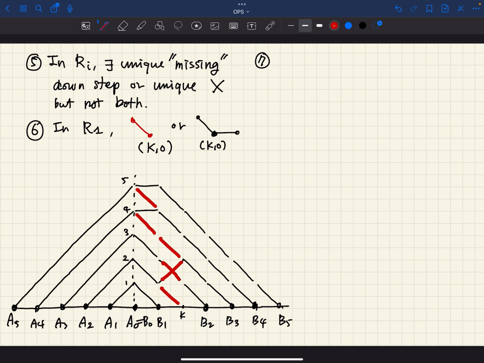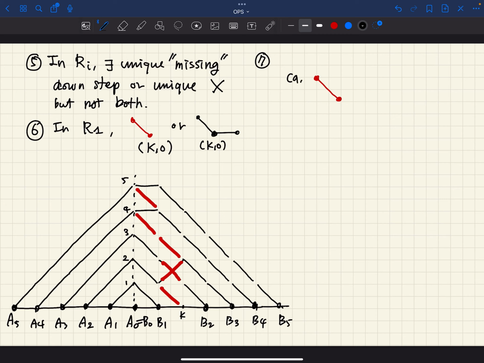If there's a missing down step like this, maybe I can draw it a little better. Then we have one of these possibilities. So this is missing, then, okay. Wait, I think my notes are not very good.